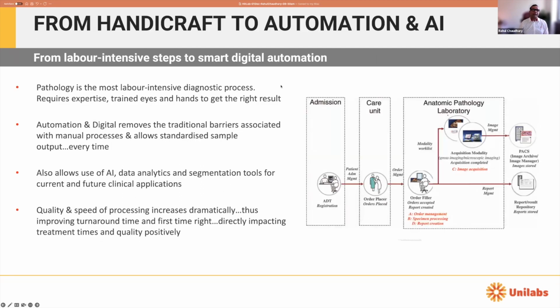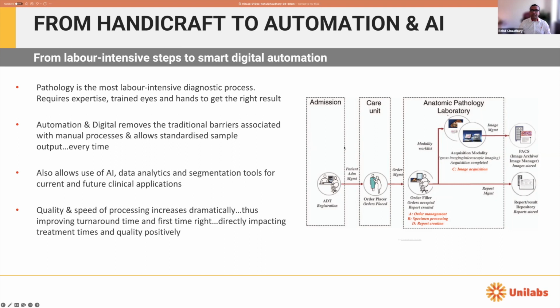I'll go specifically now into a specific aspect of lab diagnostics, which is pathology. It's very labor-intensive. Now, this is an example that I want to give from a perspective of digitization, AI, and how that actually affects the ecosystem downstream. Right? So traditionally, pathology has been a handicraft system. Basically, there's a lot of manual steps in the process, and you need expertise, trained eyes, and hands to get the results right.